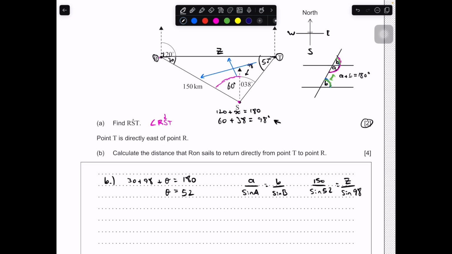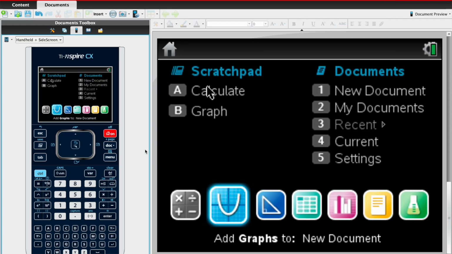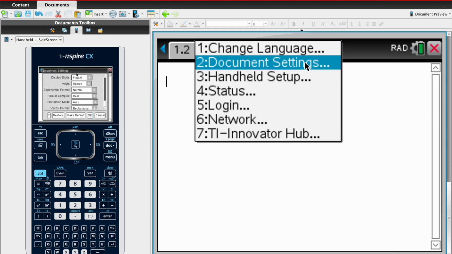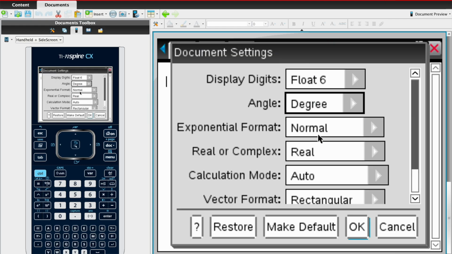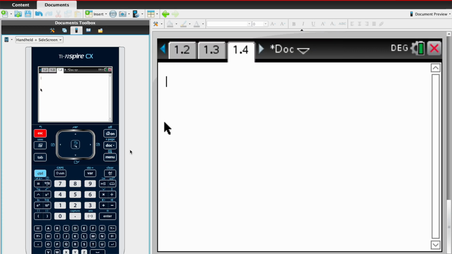And we can go ahead and solve that. Actually, no, let's work it out on the calculator. Calculator, it looks like I'm stuck in radians. Let's go ahead and change that to degrees. Let's go ahead and solve.